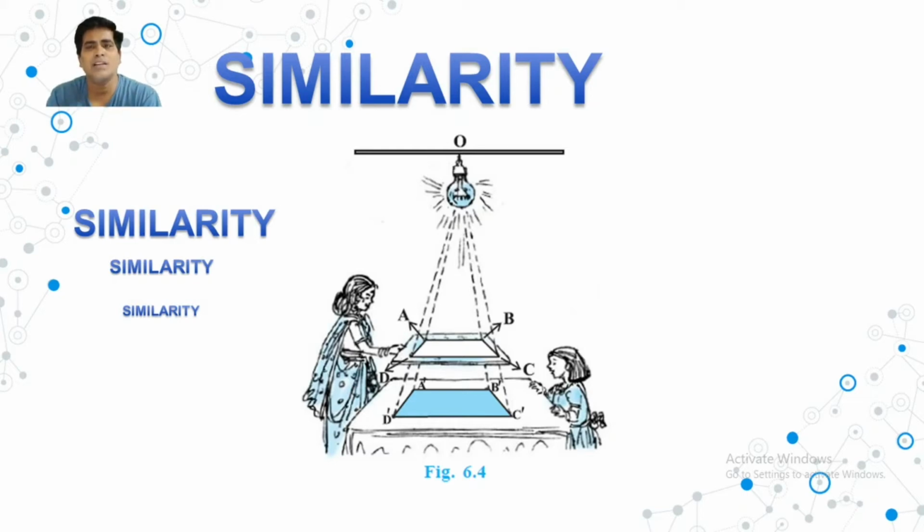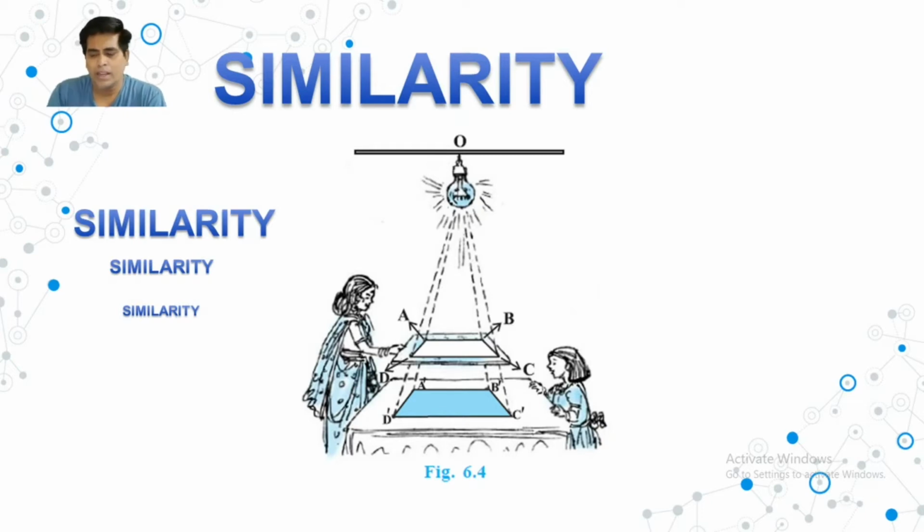Surprisingly, they got a constant A dash B dash by AB. When they divide these two, they got one ratio. Maybe it is greater than 1, or maybe it is less than 1. If it is greater than 1, the image is larger. If it is less than 1, the image is smaller.